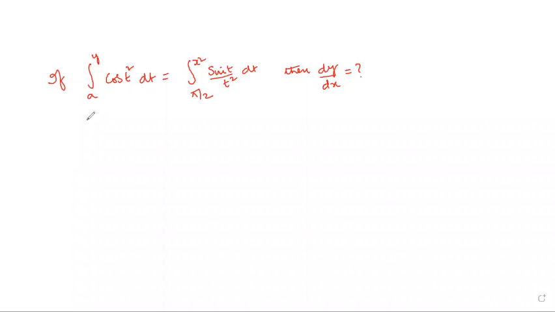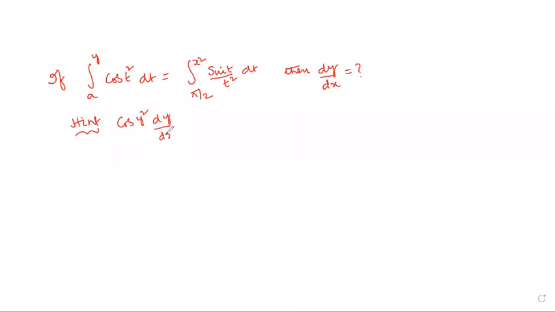So I will apply the derivative to the above problem. Integration will cancel, and in place of t, y will come. It will become cos of y square, and d of y will come, meaning dy by dx.